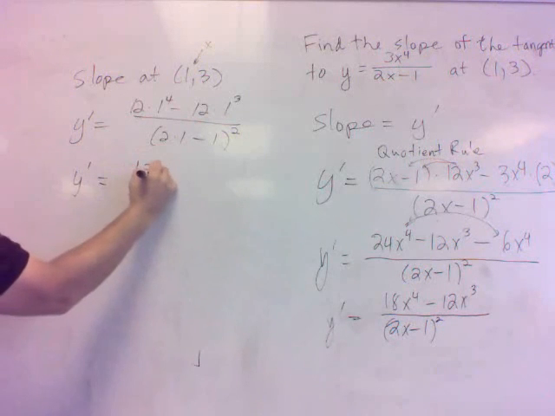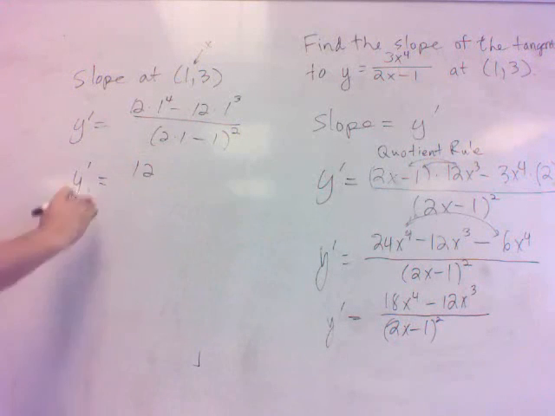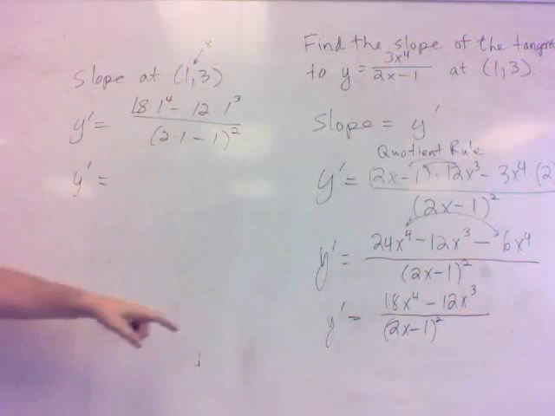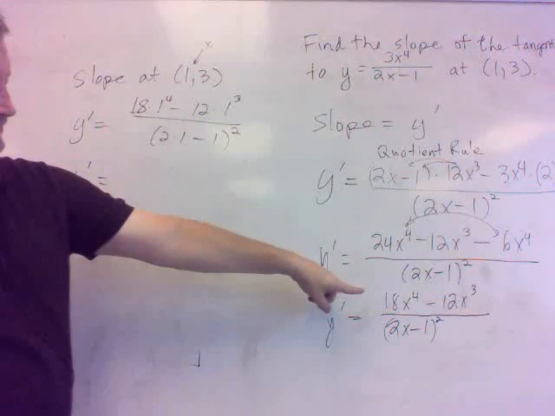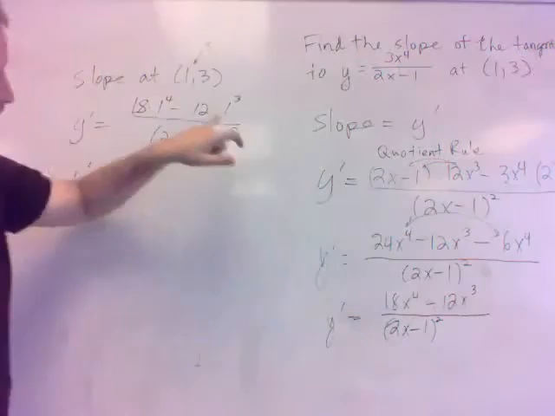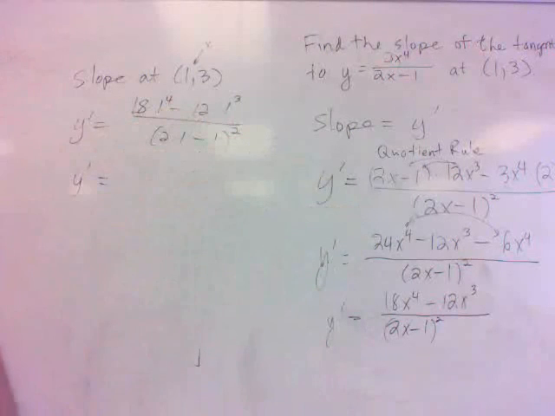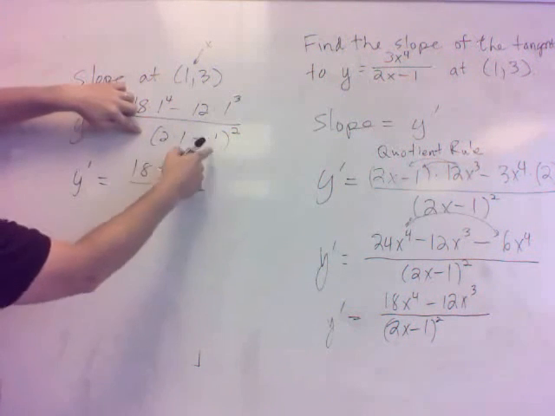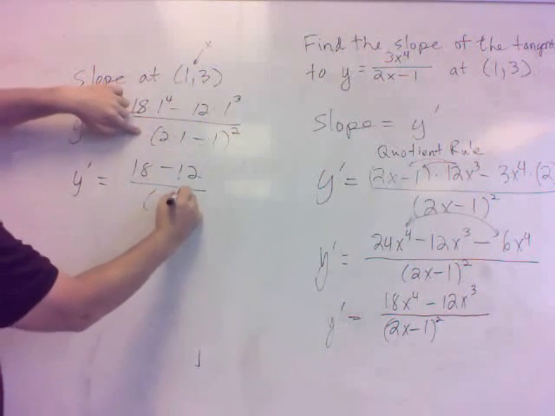Whoops, that's supposed to be 18, isn't it? 18 times 1 to the fourth. I don't know where I got 12. I guess I looked over there. So it's 18 times 1 to the fourth minus 12 times 1 to the third. So it'll be 18 minus 12 over 2 minus 1. Oh, that's even really nice. Over 1 squared.